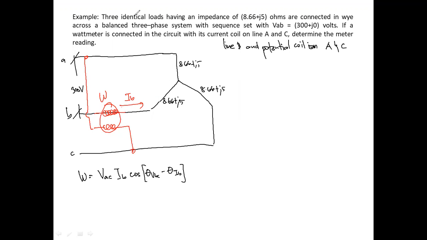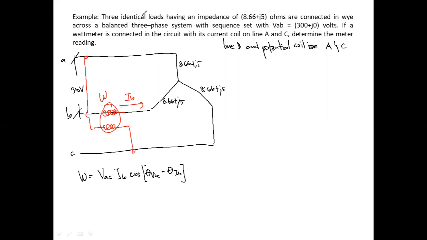We need to identify the parameters: for the voltage, the phasor of VAC, and for the current, we only need to calculate IB.